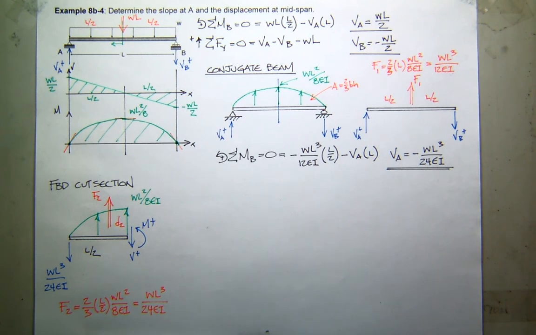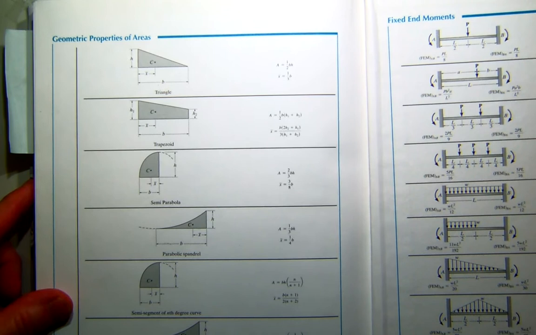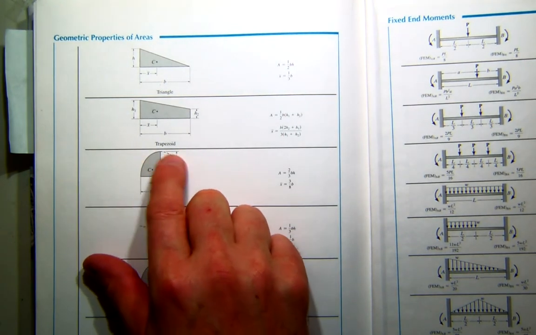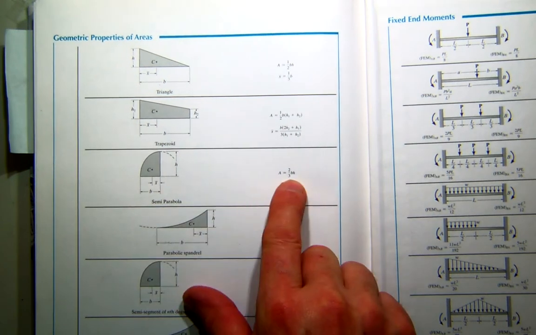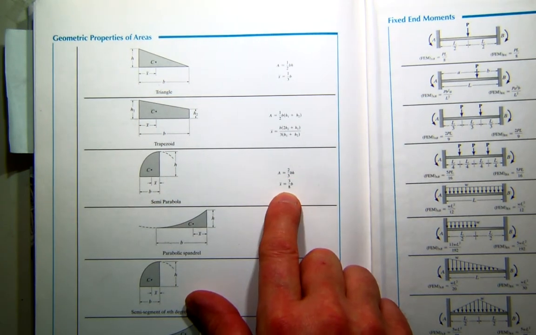Now, if you're at home and you have access to your book, you can find these things. Here's the section we're talking about, right? The semi-parabolic section. That's where I get the 2/3 base times height for the area. You can see the centroid is what? 3/8 of the base.